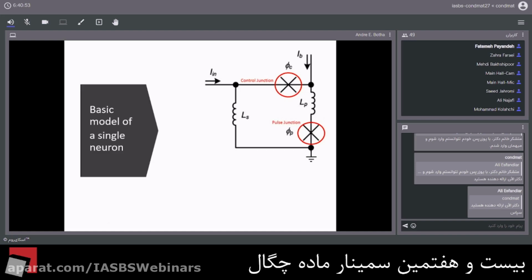So it includes some resistance and capacitance, as I explained previously. But in addition to that, there are, in this case, two bias currents that are supplied and two inductors. There's what's called a pulse junction and a control junction, and similarly the pulse inductor here.